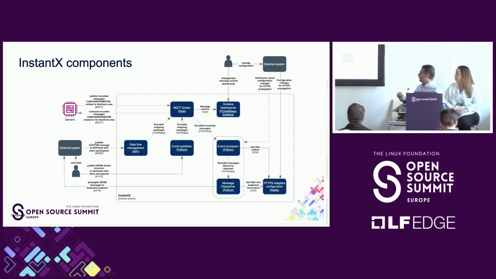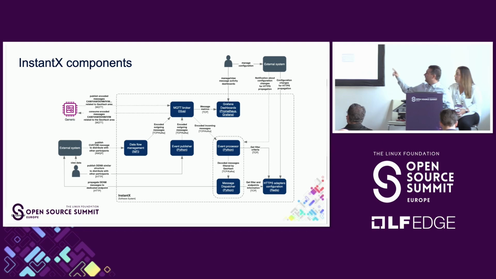Then with these messages already filtered, using Kafka, they are sent to the message dispatcher, which is written in Python, and it is published through the MQTT or HTTP protocol. Also, as mentioned in the second stage, we have the capability to use the data providers, which are external systems that, using the AMQP protocol through the data flow management in NiFi, can convert and process the messages that are not in a standard format and convert them into ETSI.